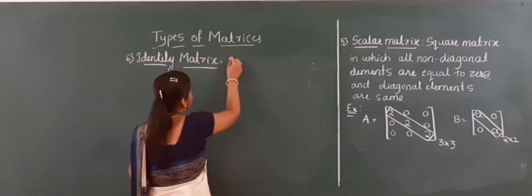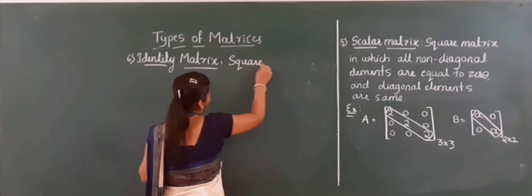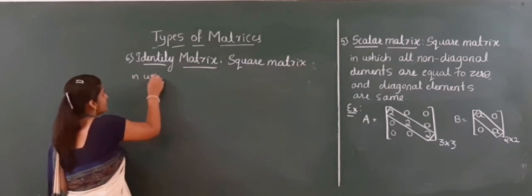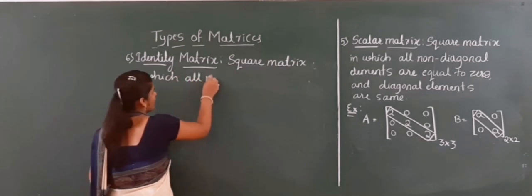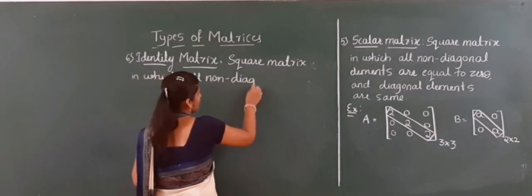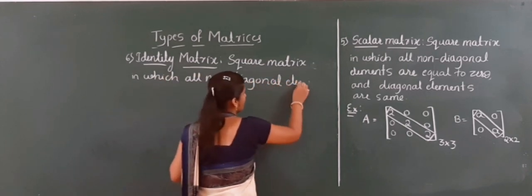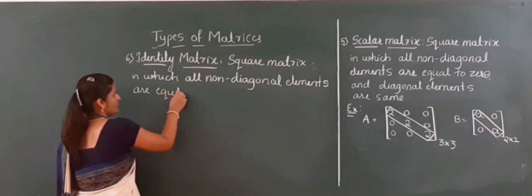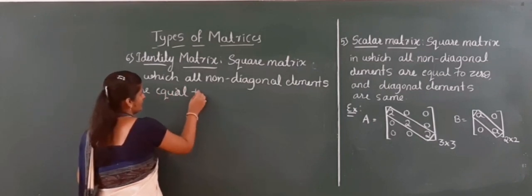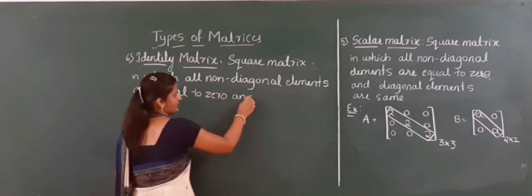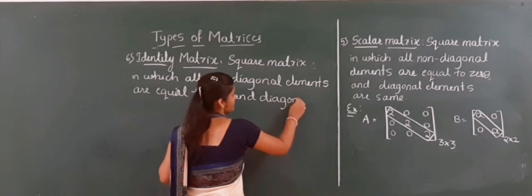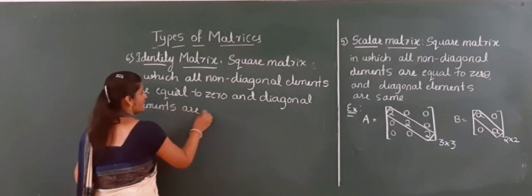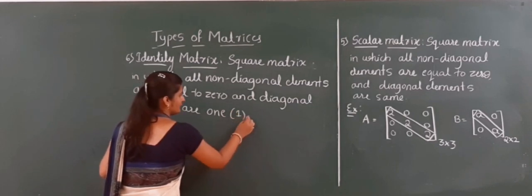See here, a square matrix in which all non-diagonal elements are equal to 0 and diagonal elements are 1.